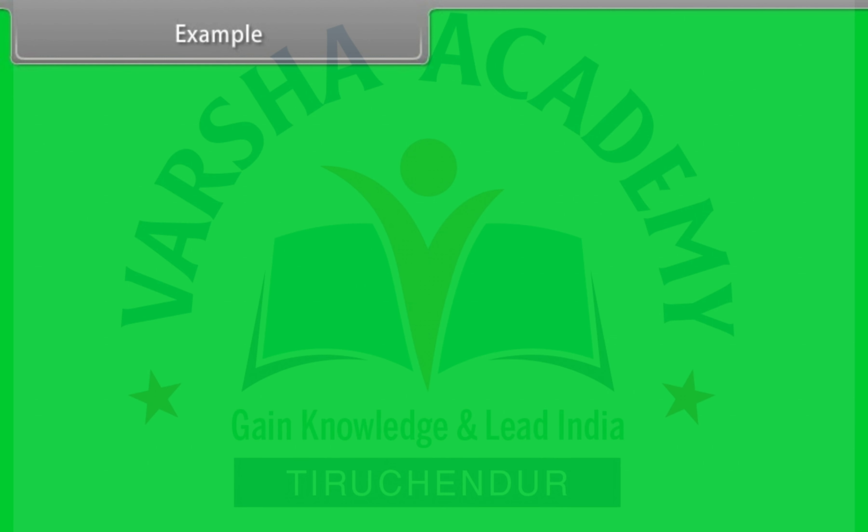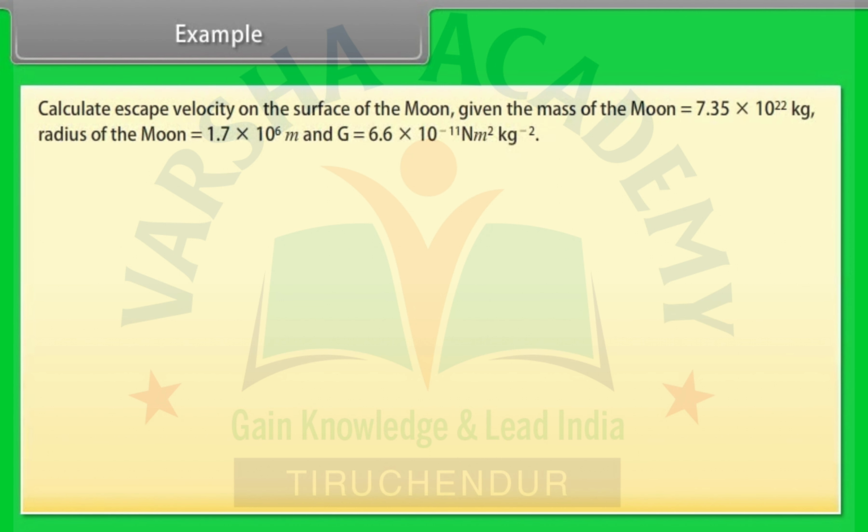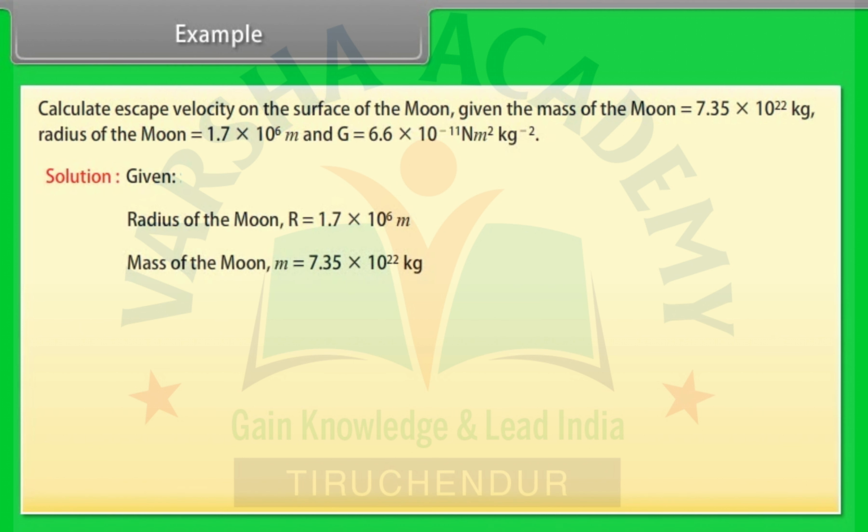Example. Let's take an example of escape velocity. Calculate escape velocity on the surface of the Moon, given the mass of the Moon, radius of the Moon and value of g. Let's see the solution. Given radius of the Moon R is equal to 1.7 into 10 to the power 6 meter. Mass of the Moon M is equal to 7.35 into 10 to the power 22 kilogram.